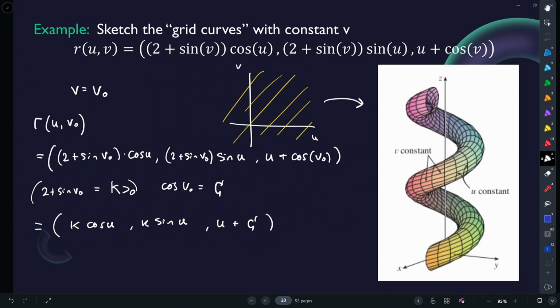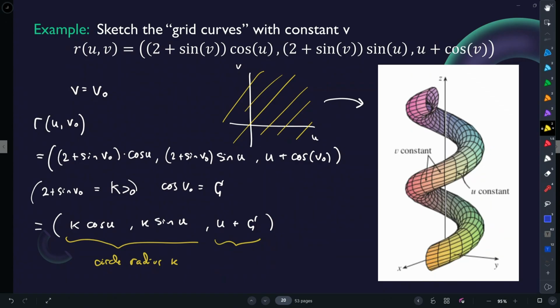And now you see what this is parametrizing in the xy plane. This is a circle of radius k. And as u changes, the z coordinate is just going to increase with u.